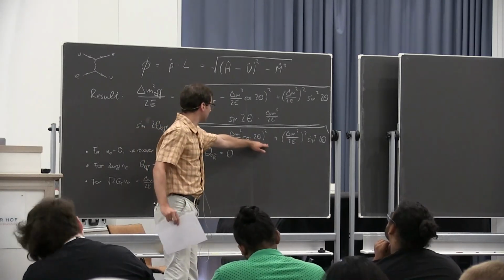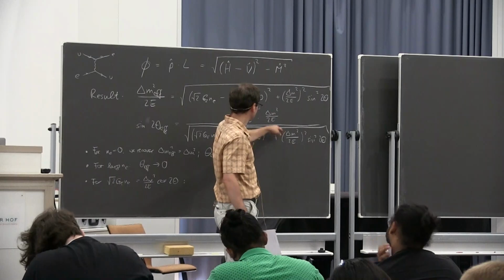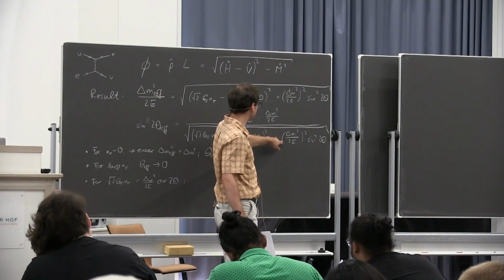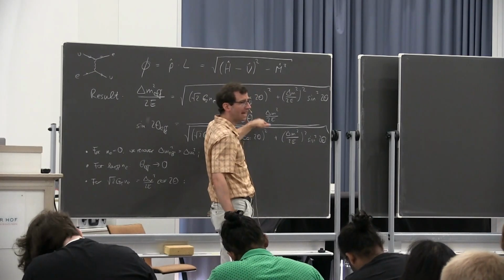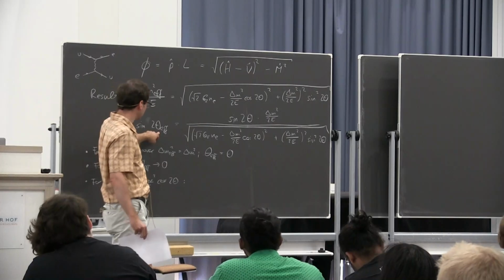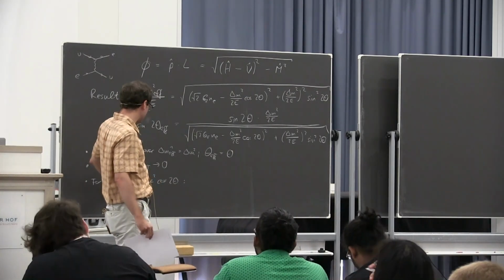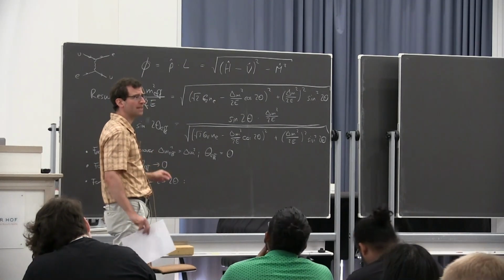So in this case, the first term here goes to 0. The second term, we can take the square root, and we see that in this case, the second term here is exactly identical to the term in the numerator. So it cancels. So that means that sine 2 theta effective goes to 1. In other words, if this condition is satisfied, the mixing becomes maximal, no matter what the mixing is in vacuum.